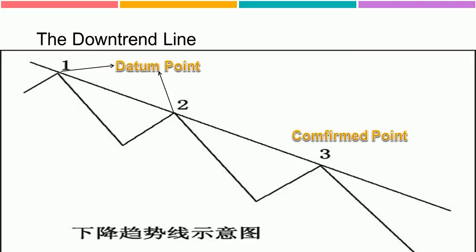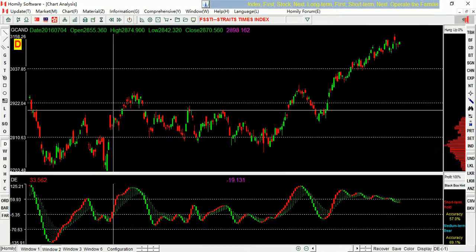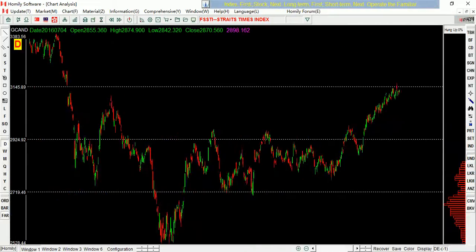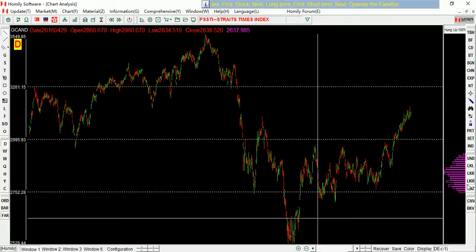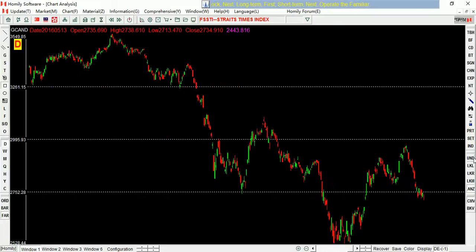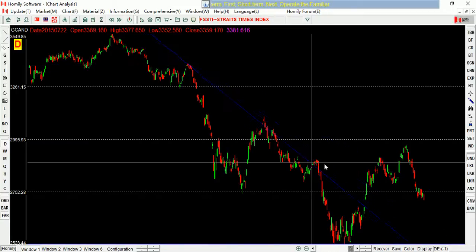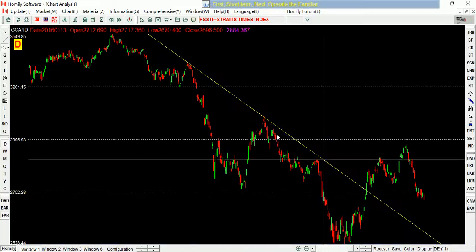So let's see how to judge the trend line. Firstly, let's see the market. Okay, then we can connect the high point to the low point.